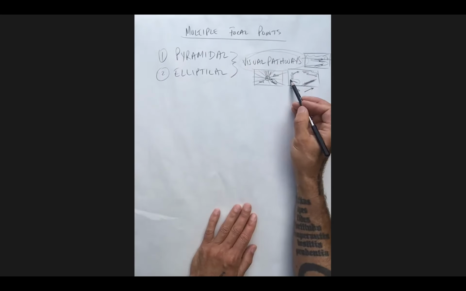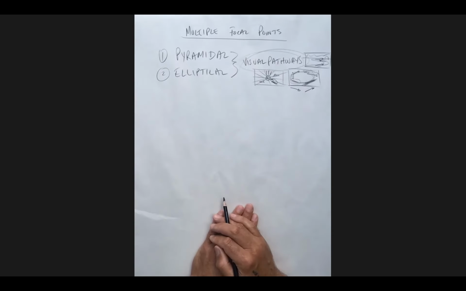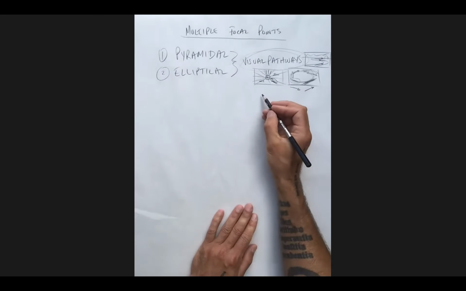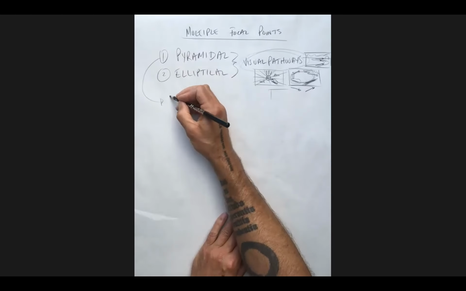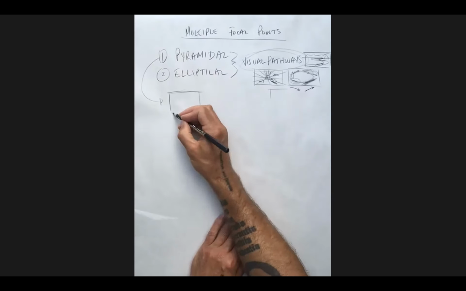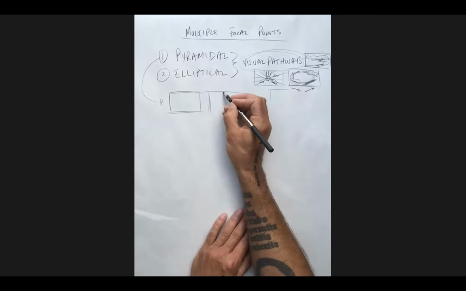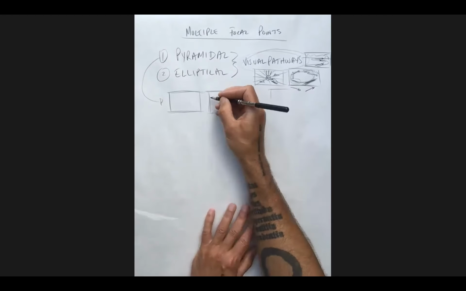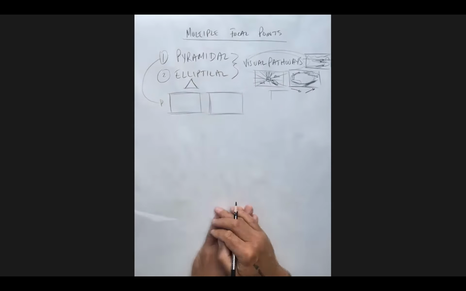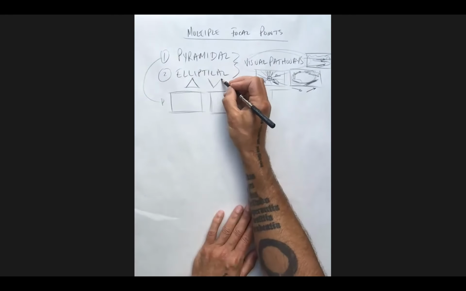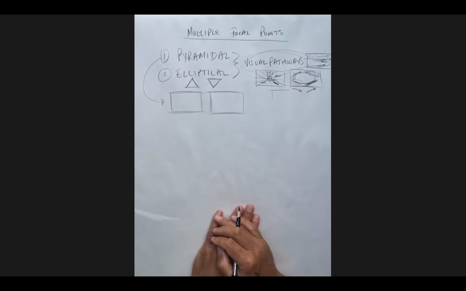Now, an elliptical pathway looks something like that. A pyramidal pathway takes on one of two different orientations. You have either a visual pathway that looks something like that, or a visual pathway that looks something like that.